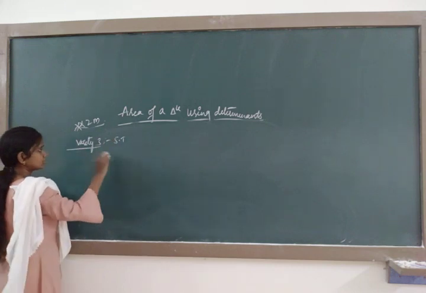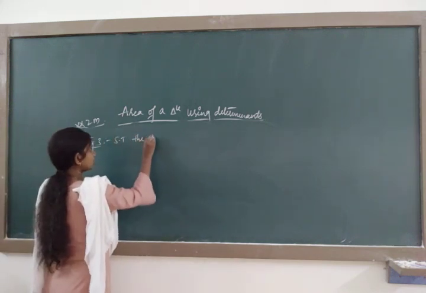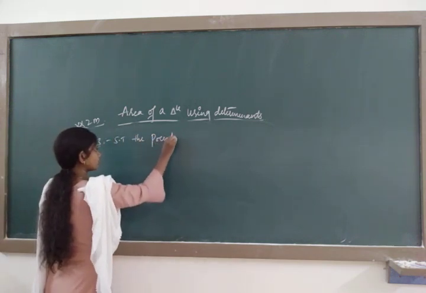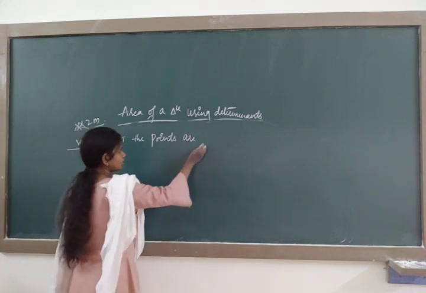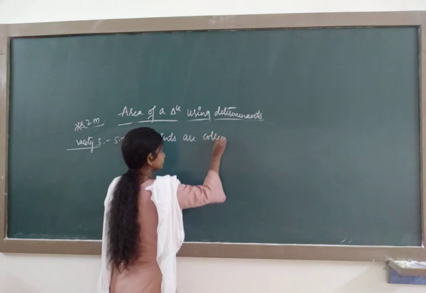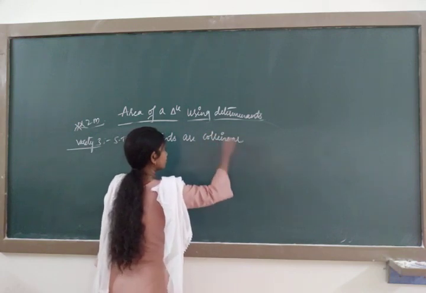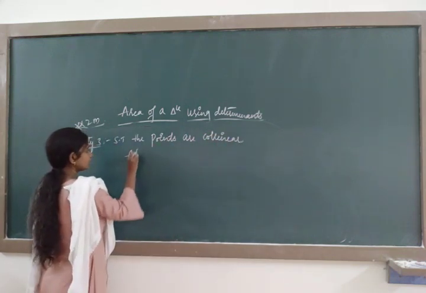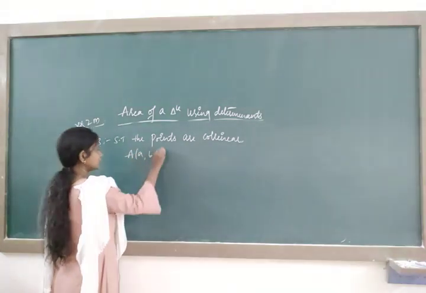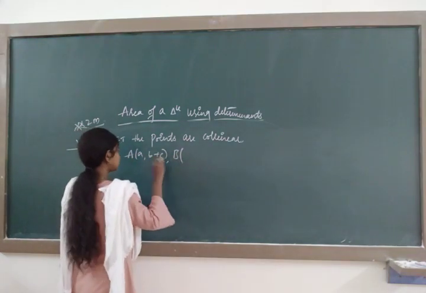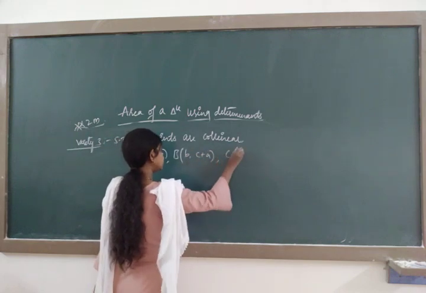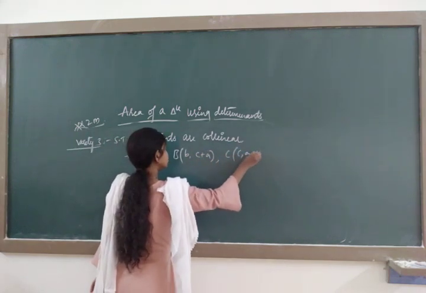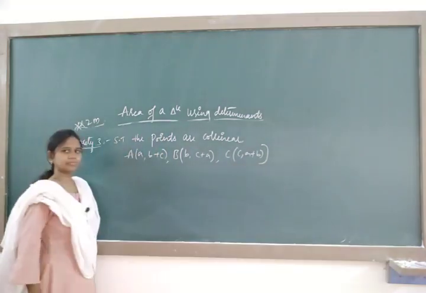Show that the points are collinear if the vertices are A(a, b plus c), B(b, c plus a) and C(c, a plus b).